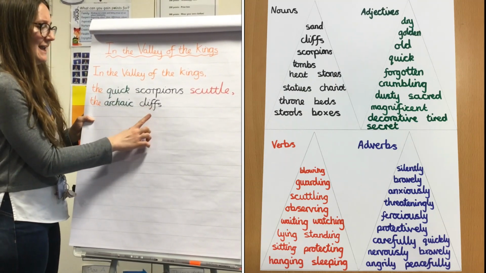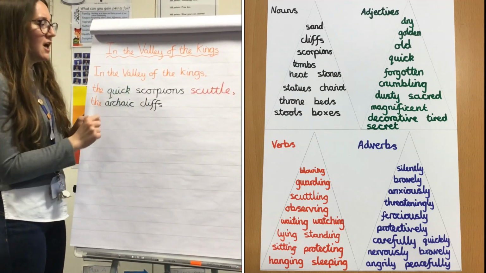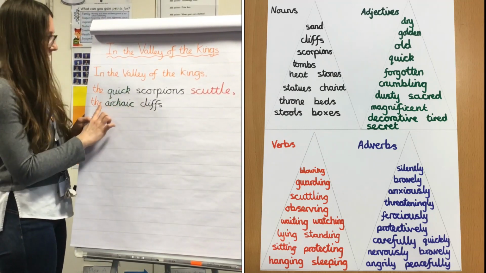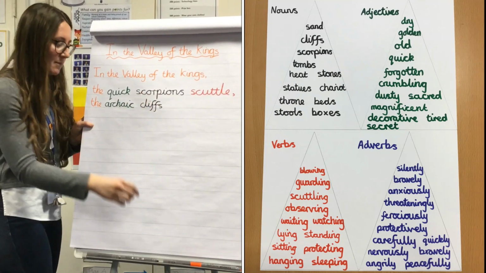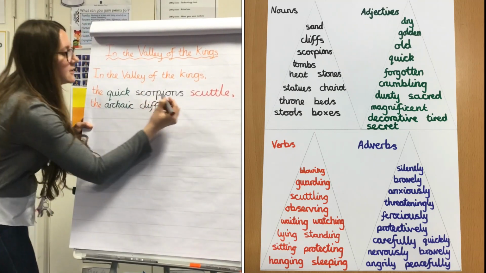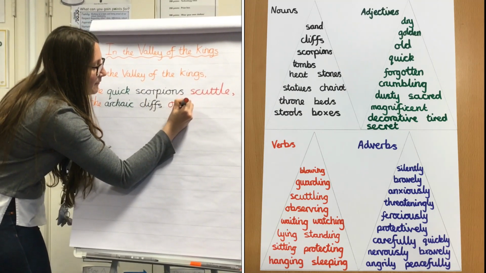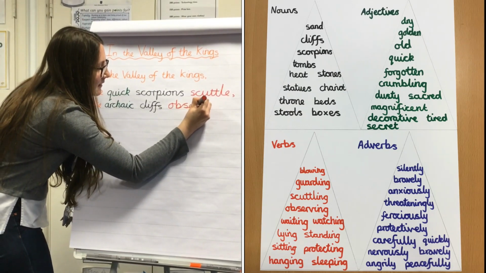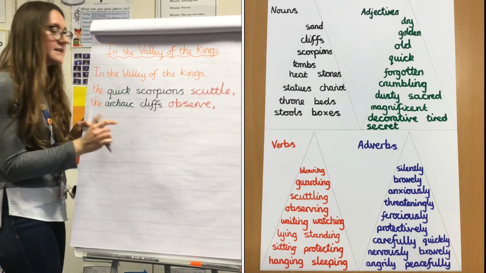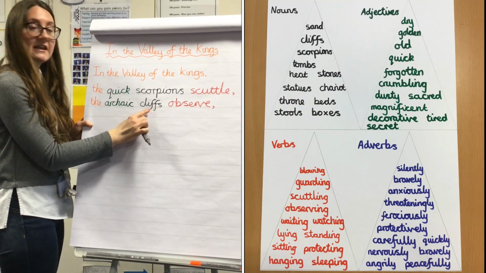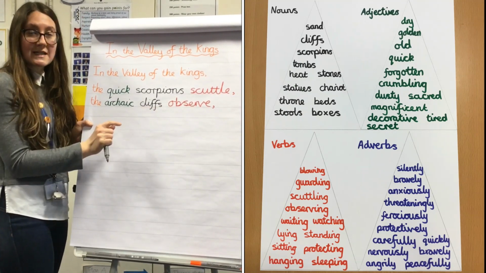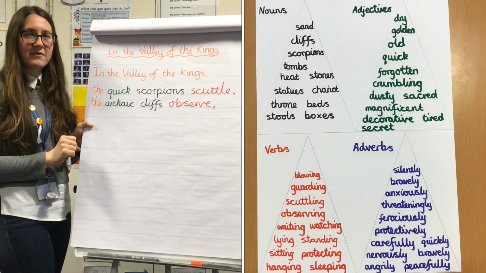The archaic cliffs, observing. That doesn't quite make sense. The archaic cliffs observe, so I'm going to change it to observe. So that is my verb. And as I said, I've used personification because it's giving something non-human a human quality, because cliffs can't really observe.